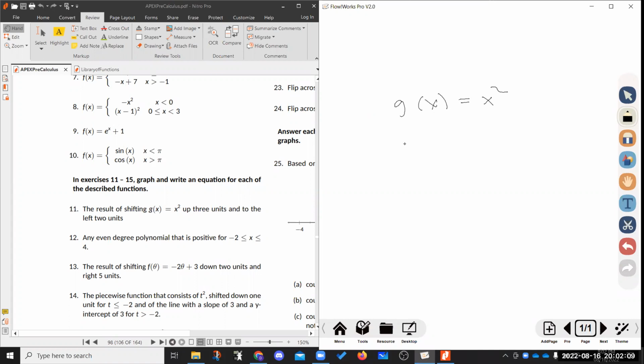Well, we need to do the left 2 first, and then the up 3 is going to be (x plus 2) squared plus 3, because horizontal gets taken care of before vertical, like that, and that's going to be the new function.